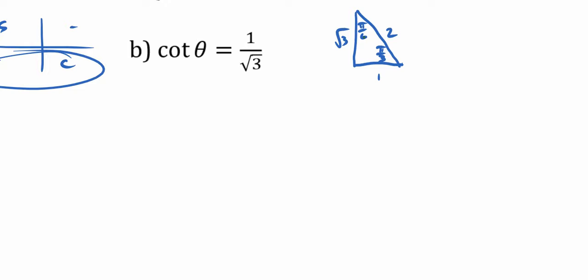Okay, so where were we? Cotangent is adjacent over opposite. It's reciprocal. So what's our related angle going to be? What do you think?